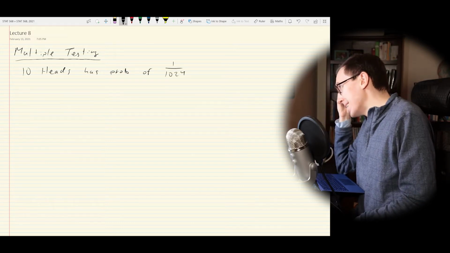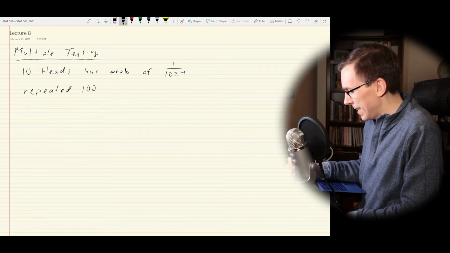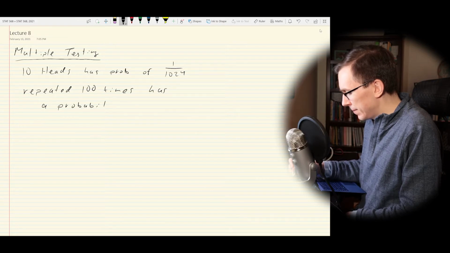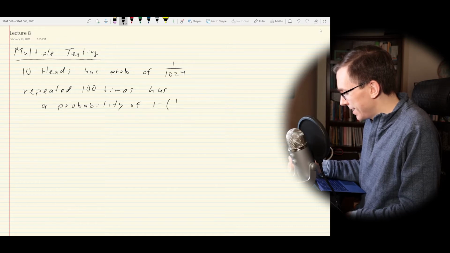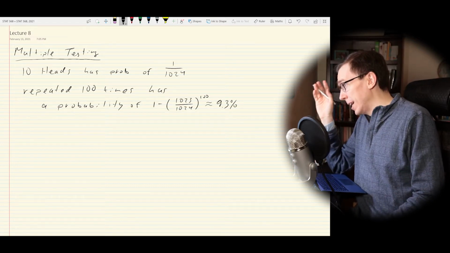But repeated 100 times has a probability of 1 minus 1023 divided by 1024 to the 100th power, which is approximately 9.3%, as I mentioned in the introduction here.